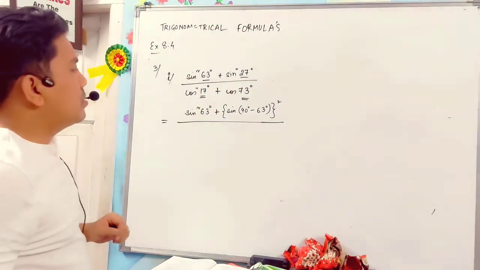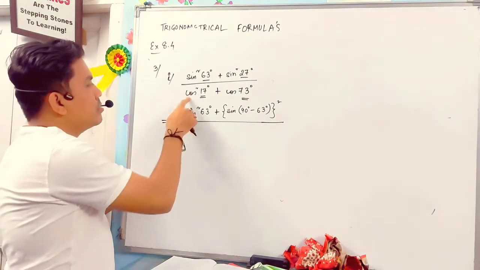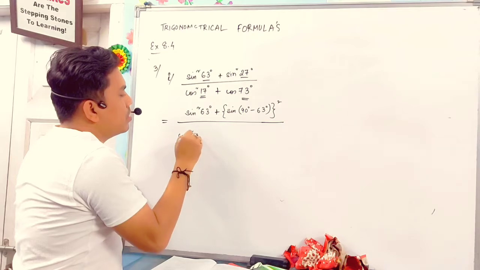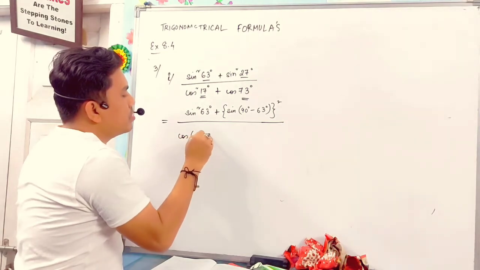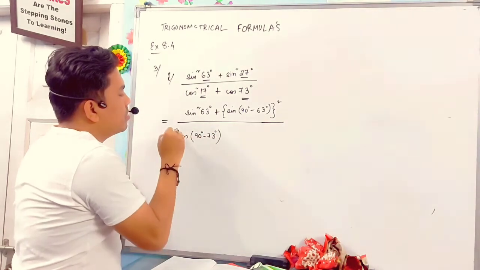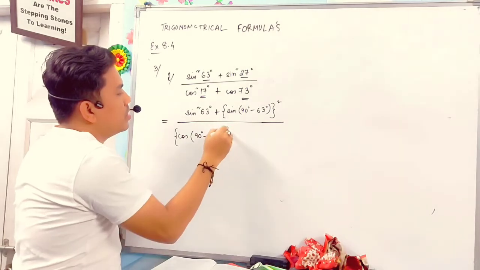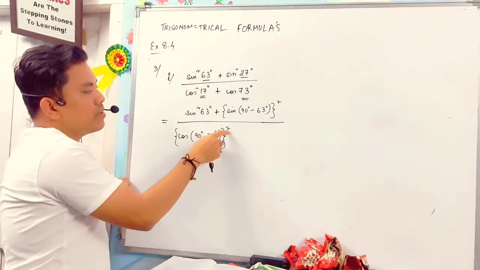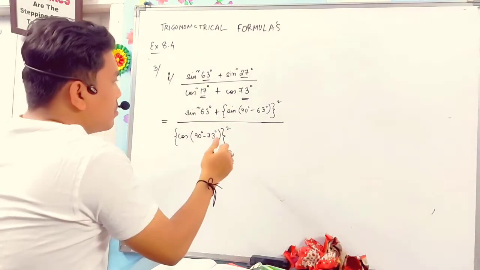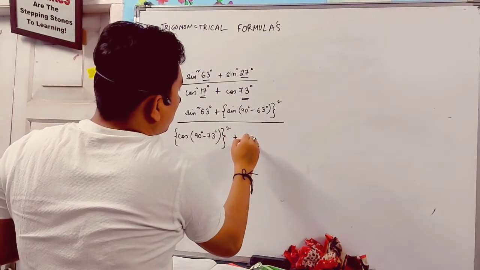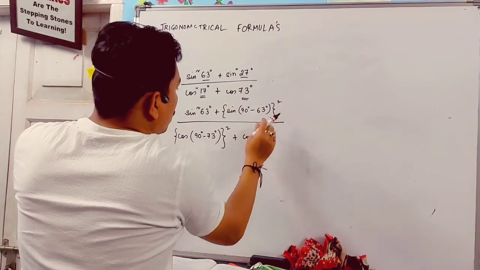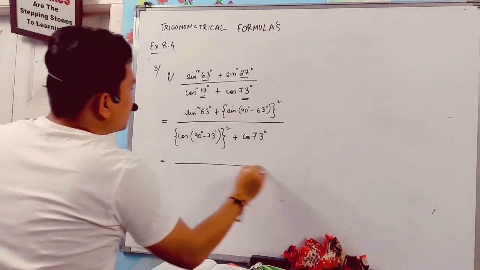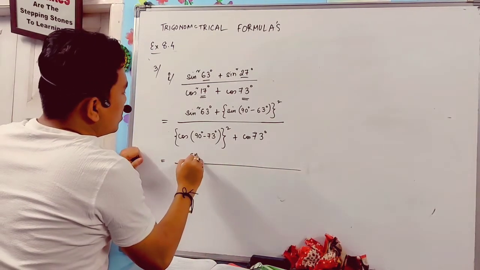Similarly here also, in place of cos 17 can we write cos 90 minus 73 degree? Yes, we can write this. But square is there now, so I have given square here. Now here plus cos square 73 degree.